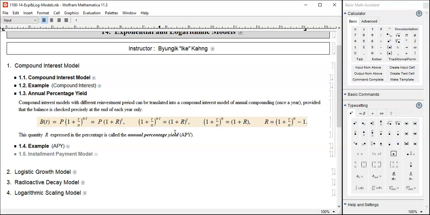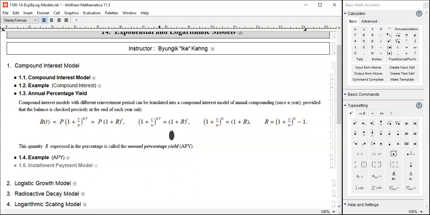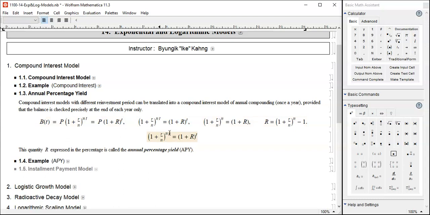P cancels out, so we get that. And t cancels out. As a matter of fact, this one here, the left-hand side, is actually like this. And then compare now this t power and that t power.